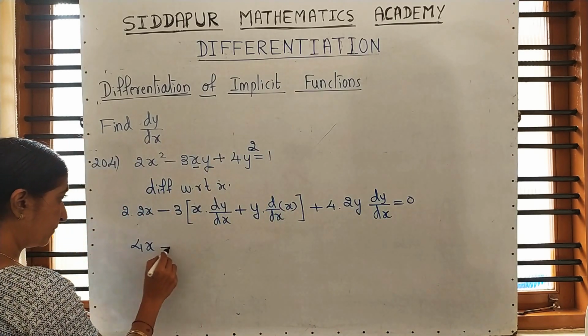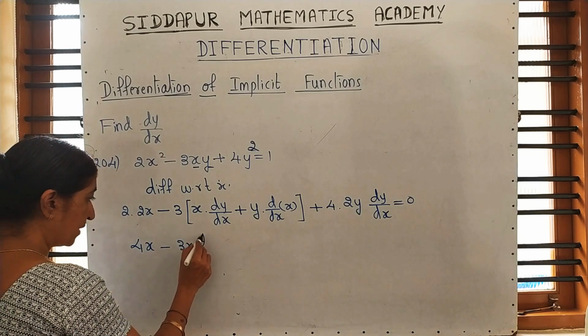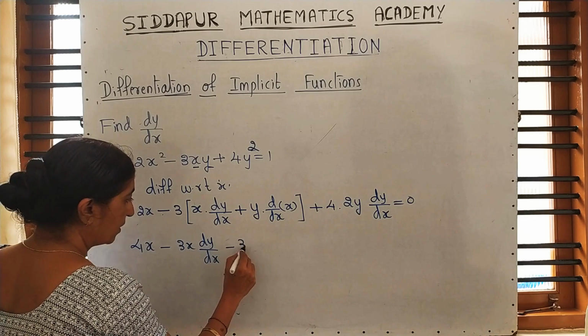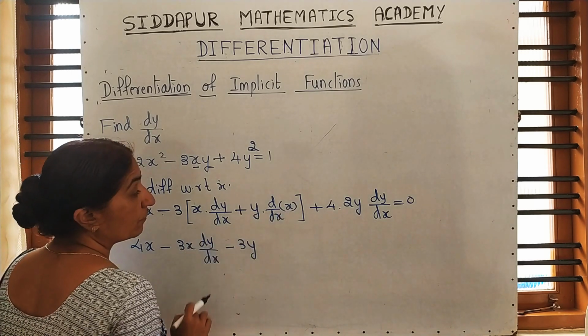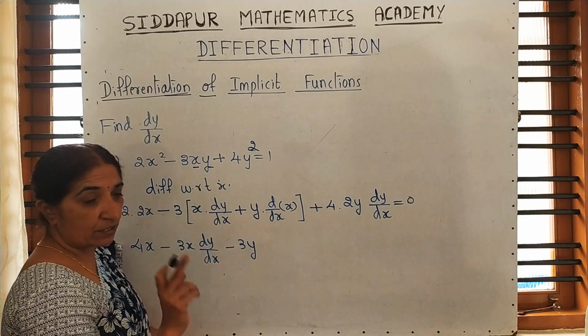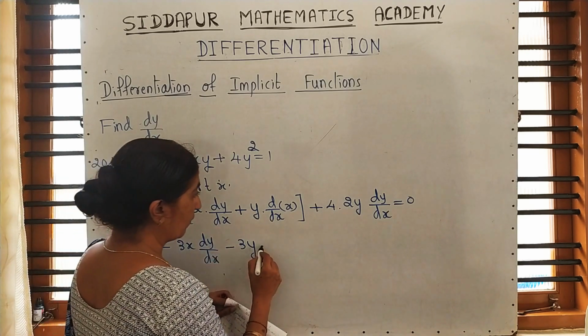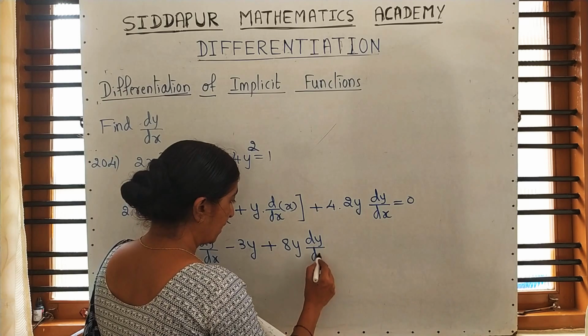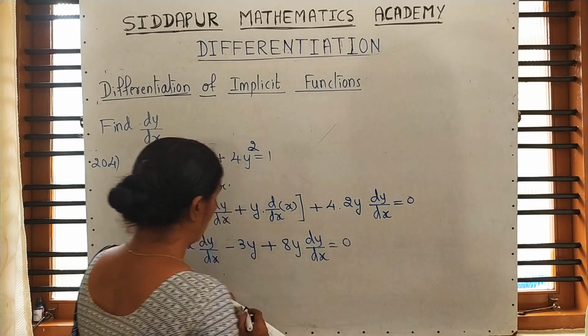Simplify this. I am taking minus 3 inside the bracket. It is minus 3y. What is the differentiation of x with respect to x? 1. That's why we are getting only minus 3y plus 8y into dy upon dx is equal to 0.